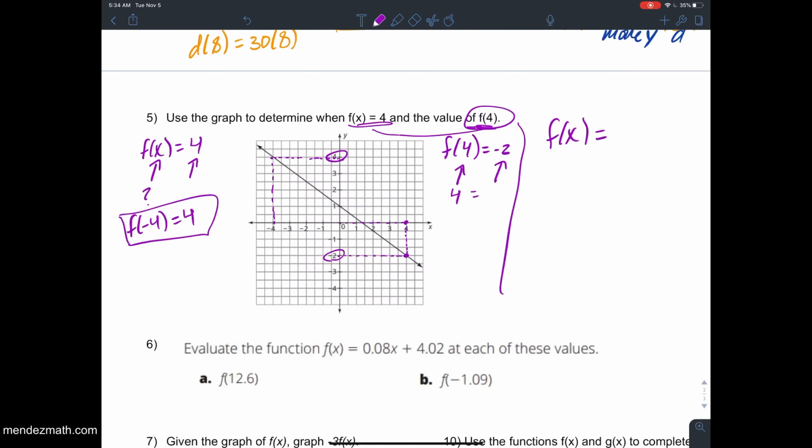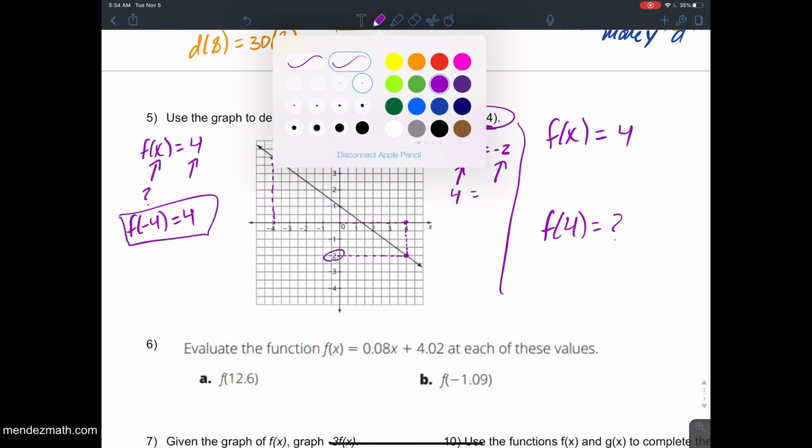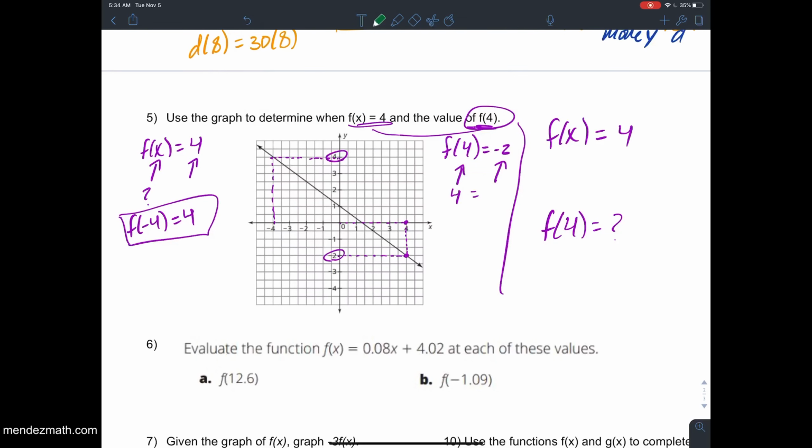F of x equals 4 and f of 4 equals what? Again, what those questions are asking is, x is input, y is output.